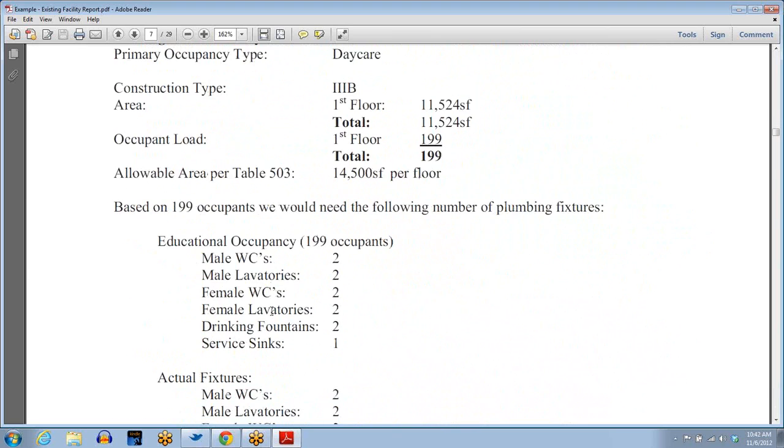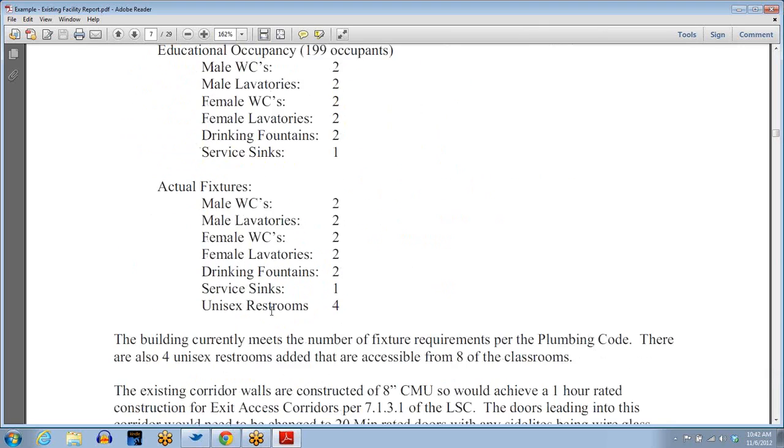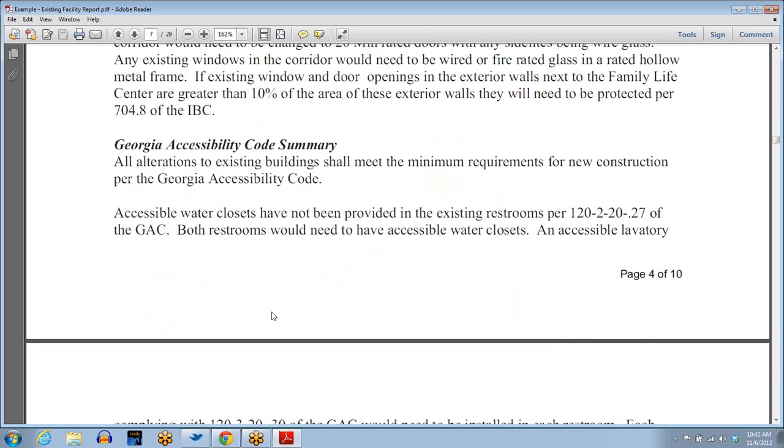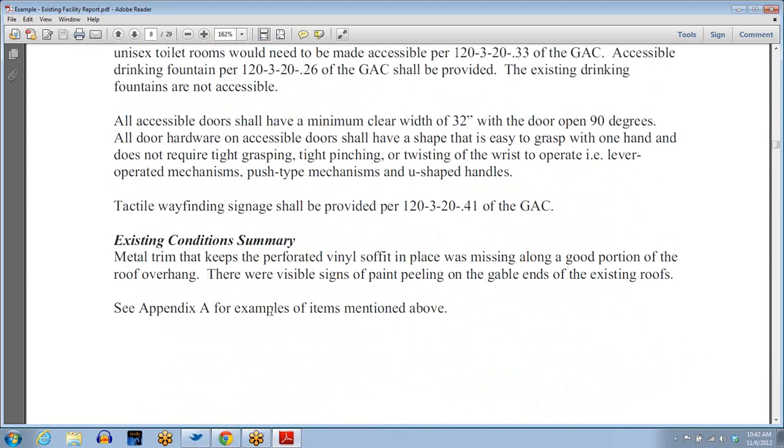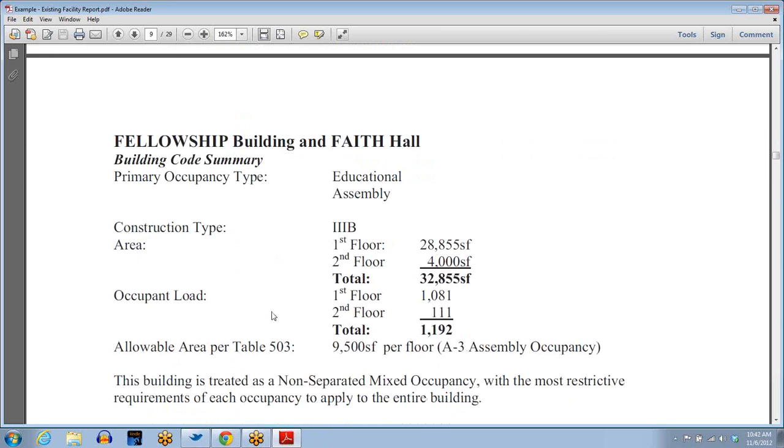Now, this is just the first 4 or 5 pages of this. And so with this one particular building happened to be in Georgia, it's giving you all kinds of information, going through area by area, building by building, and you can ask an audit team to not do your auditorium, but do your educational and recreational facility, your family life center, or your fellowship hall, your administration, or your maintenance building, or some other kind of ministry building that you have on your property.